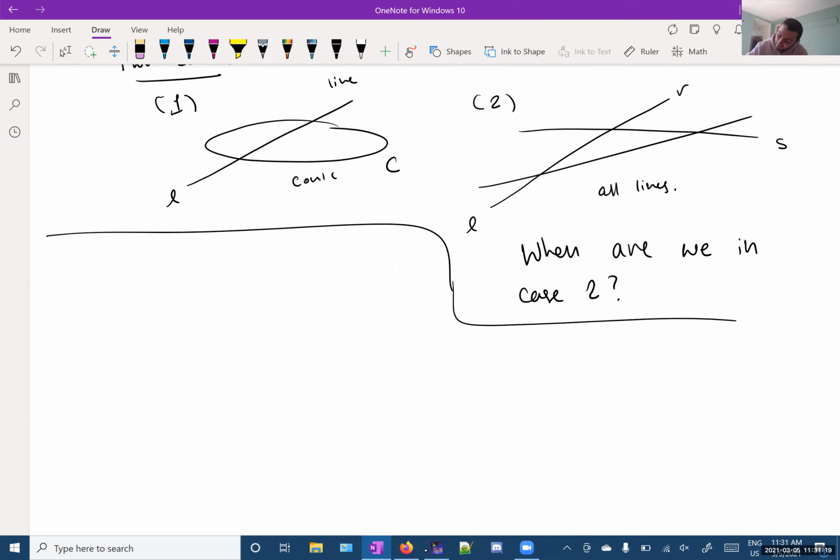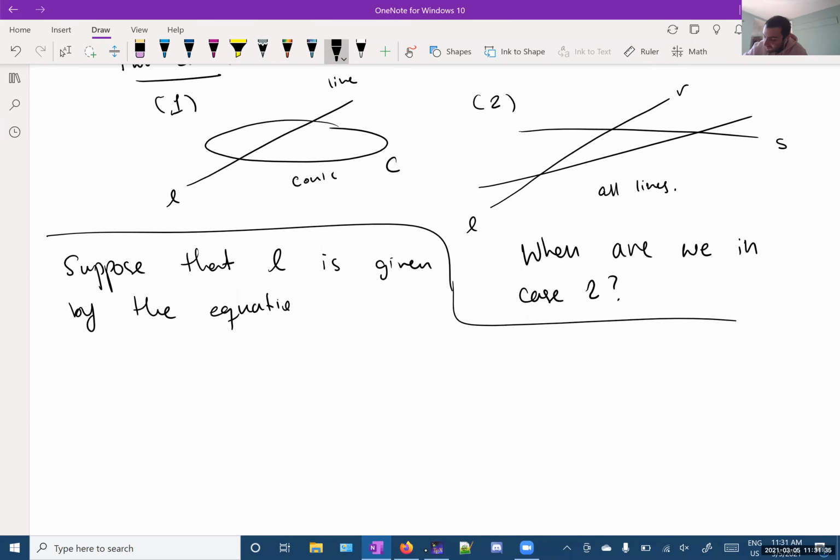So let's just suppose that L, the line, is given by the equations z equals t equals 0. So these are two linear equations, z equals 0, t equals 0. Those define two planes. When I set them both equal to 0, that's the intersection of the planes, I get this line.